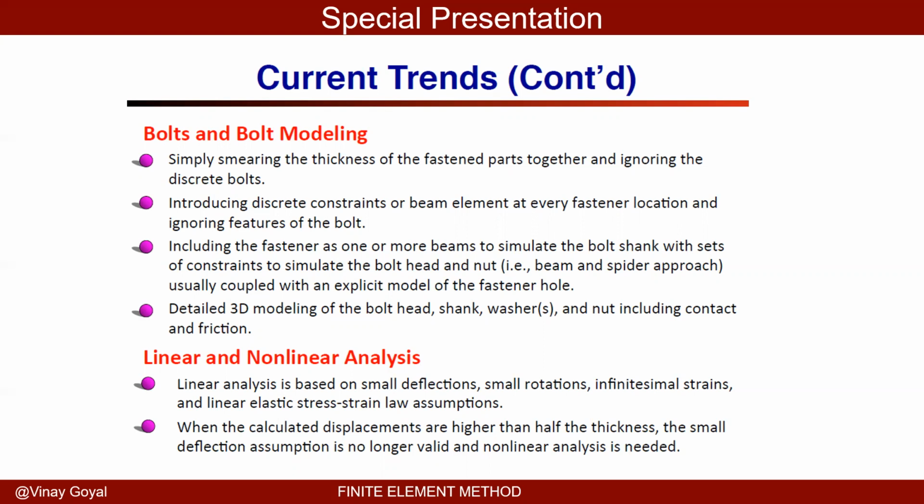I probably have a chart which shows that. Include the fastener as one of the beam elements. A detailed 3D modeling of the bolt head, bolt shank, and washer, including the contact and friction, is very complicated. You can do that. And you have linear and nonlinear analysis, etc. Go to the next one.